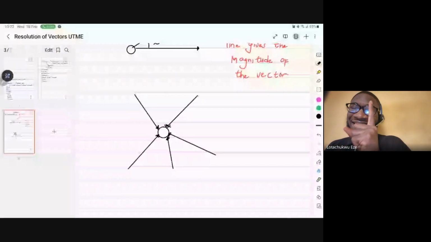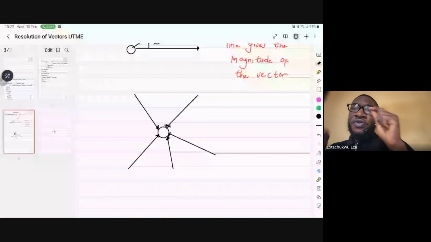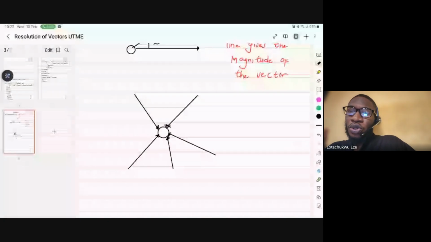But we want a single vector that will have the same effect as these whole vectors, just one vector. Let's say we have 15 of them acting on a particular object. We seek just one vector that will act as a single resultant representing all the stuff acting on this object.